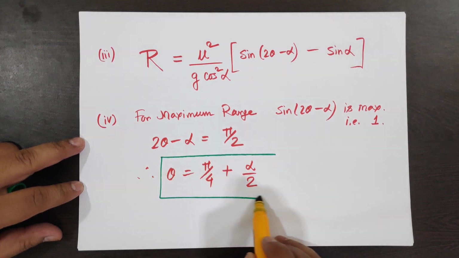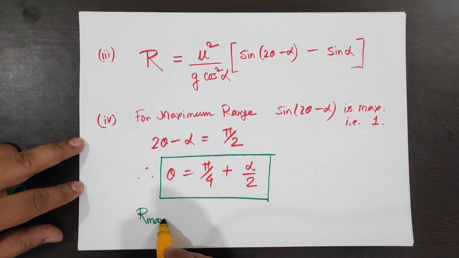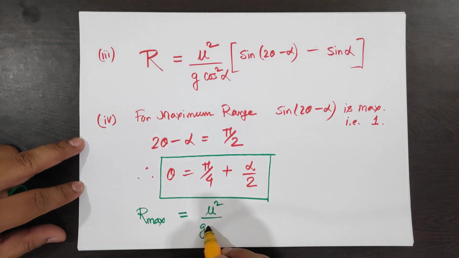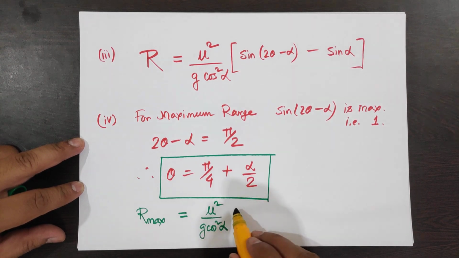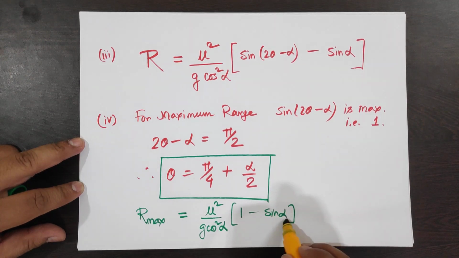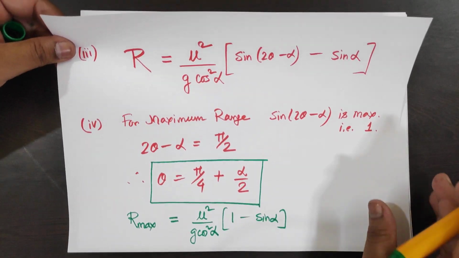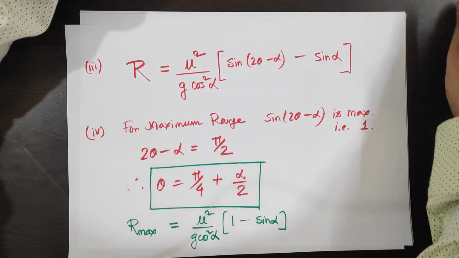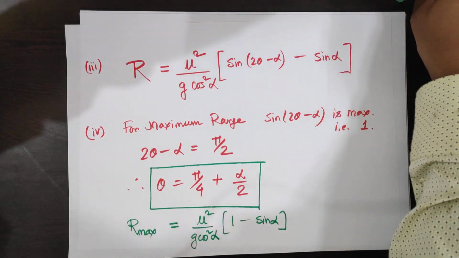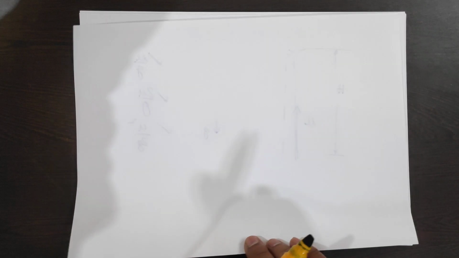And we also find the value of the maximum range, R max equal to u squared by g cos squared alpha, into (1 minus sin alpha).